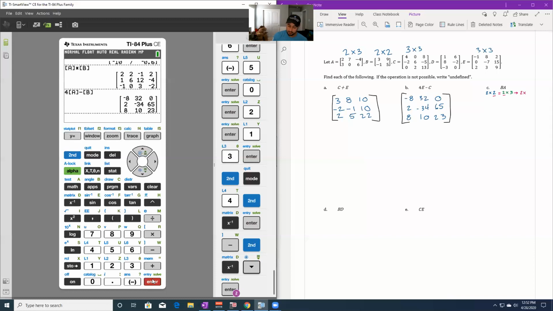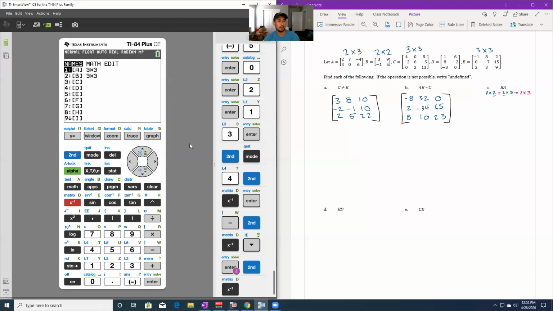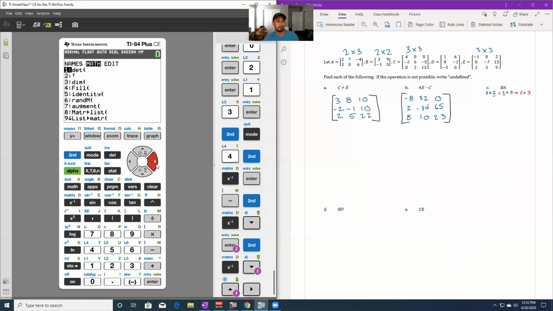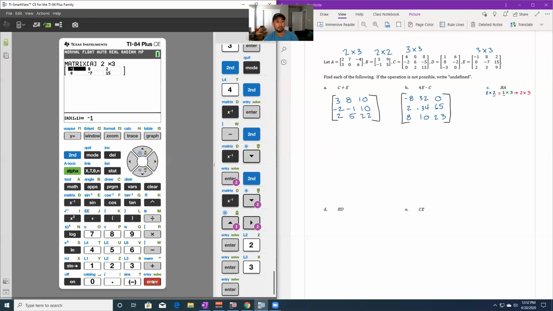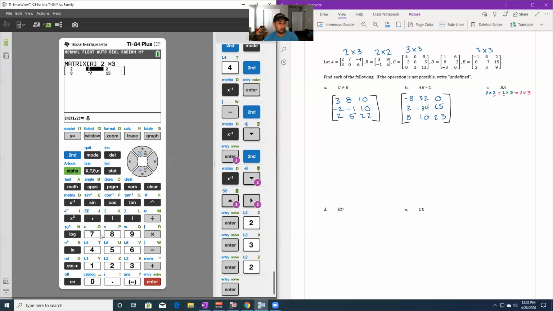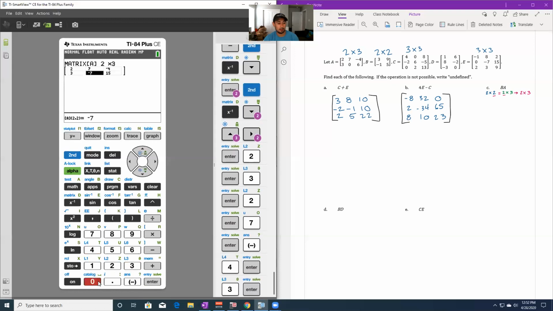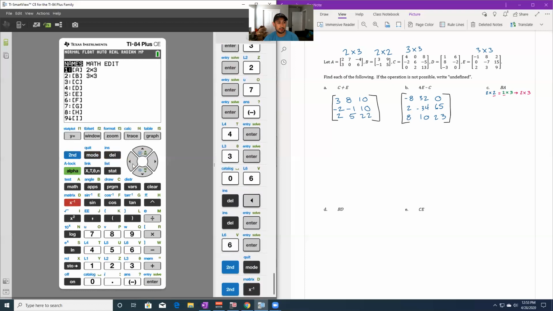Okay. So let's do it. All right, so we're going to do B times A. So I'll just go back and edit my matrices. Matrix, edit. So matrix A, which is going to be my A now, is a 2 by 3. And it is 2, 7, -4, 3, 0, 6. Second, quit, second matrix.